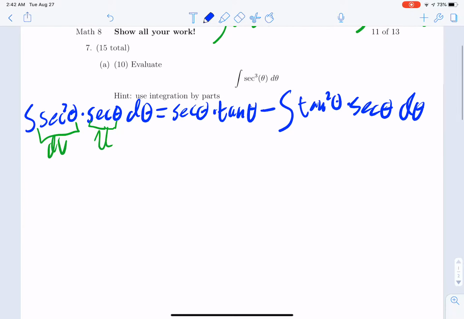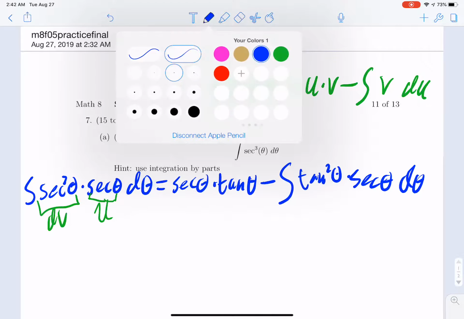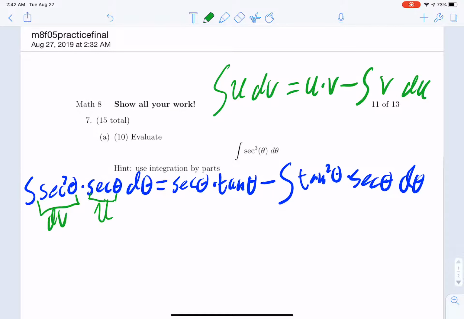So now we're going to use another trig identity to replace tan squared with secant squared minus 1. So we know that 1 plus tan squared theta is equal to secant squared theta, so tan squared theta is equal to secant squared theta minus 1. So we can just replace that.